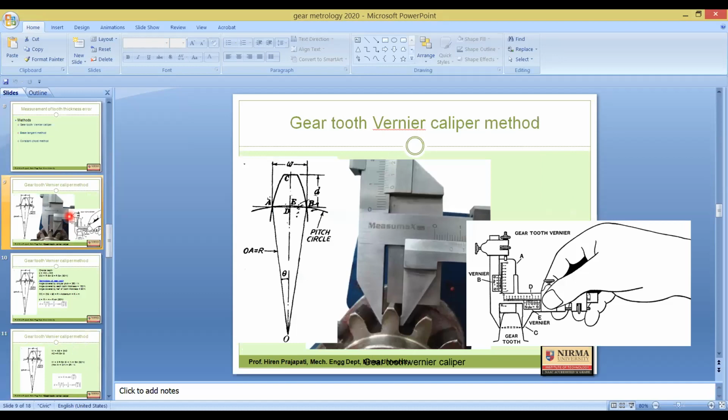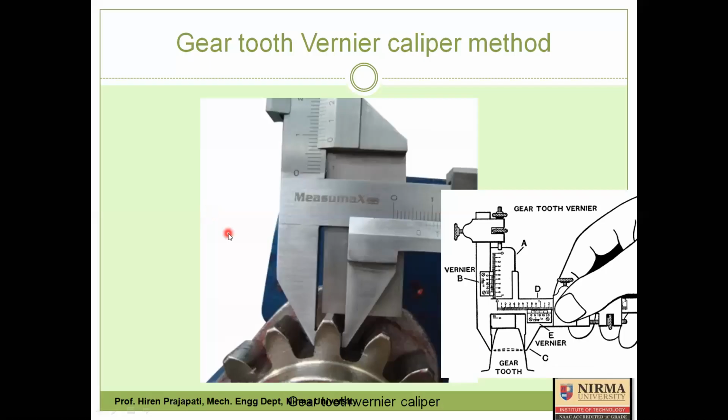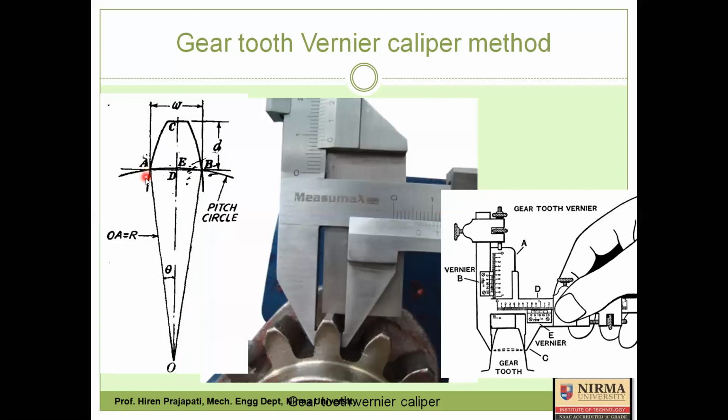Here you can see we have considered one tooth of the entire gear. On that tooth, this curve is part of the pitch circle, and the radius of this arc is r, the pitch circle radius.